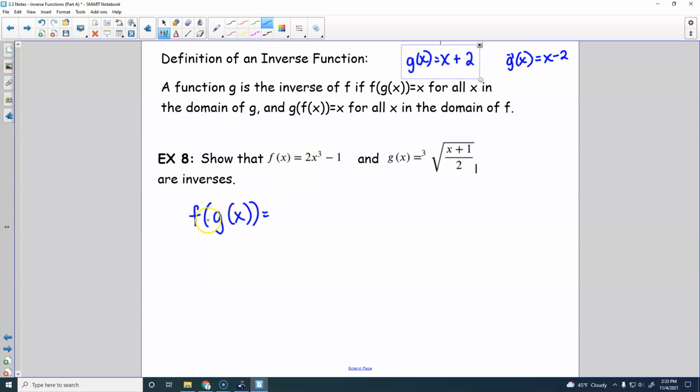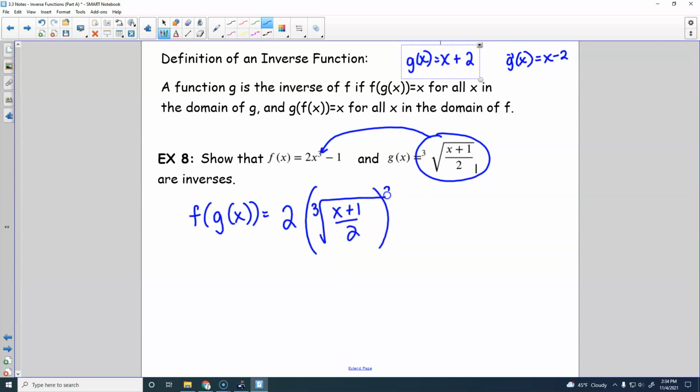So if I do f of g of x, I should get x. f of g of x means I'm taking g of x and plugging it in here. So I'd have 2 times the cube root of x plus 1 over 2, cubed, minus 1. The cube root and the cube are going to cancel each other out.